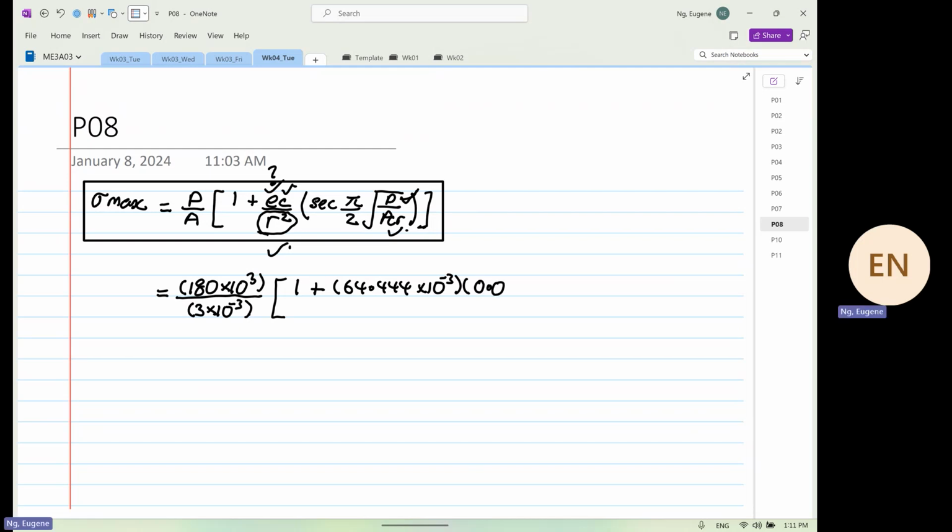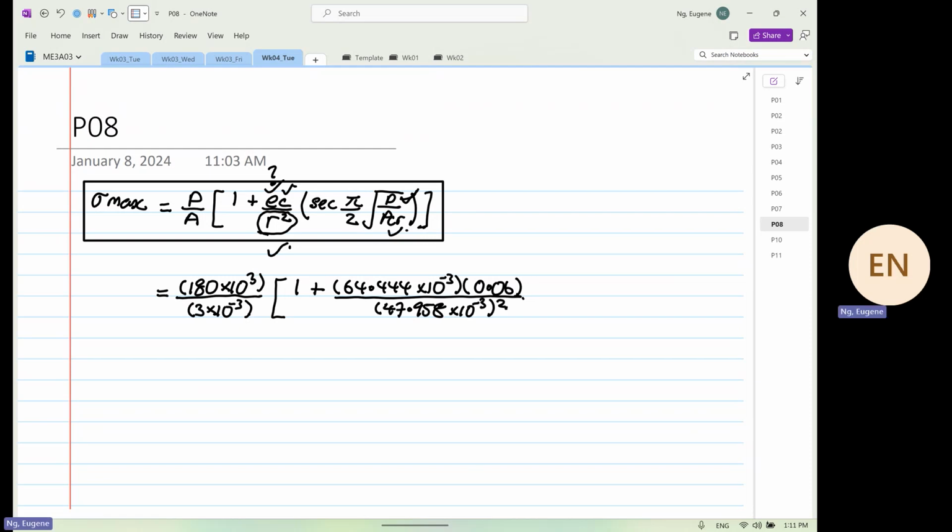C is equal to 0.06. Radius will be equal to 47. Is it 47? 47.958, so it's 47.958 times 10 to the power minus 3.